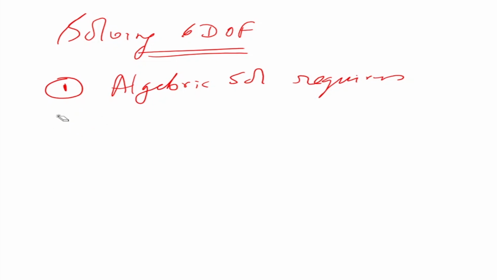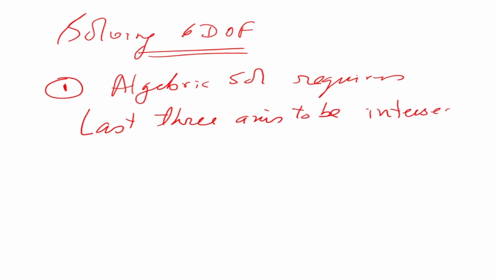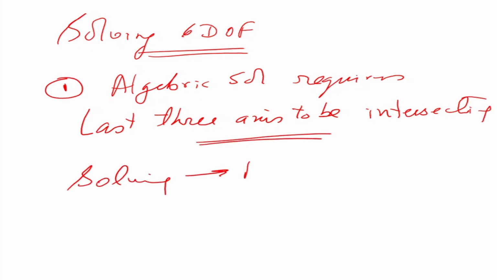So this is a very important theorem. It requires the last three axes to be intersecting. And this method of solving is called Piper's solution for 6R systems.